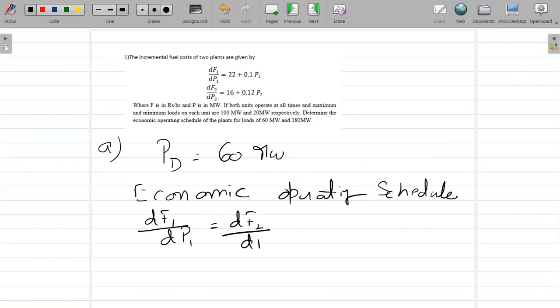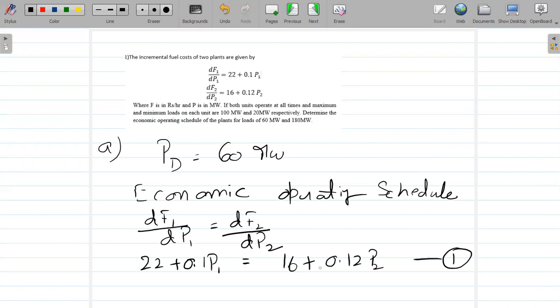From the given problem, 22 plus 0.1 P1 equals 16 plus 0.12 P2. Let it be equation 1. So the incremental fuel costs of both plants are the same. And the other equation: the total load demand is 60 megawatt, so P1 plus P2 equal to 60.